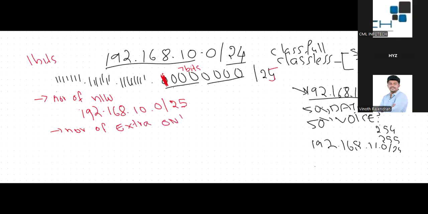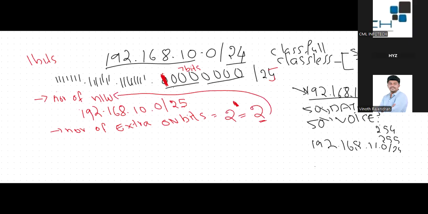Any idea how many bits we turned on extra? 1, just the 1, which means 2 raised to 1, so 2 raised to 1 equals 2. So the number of extra bits on is 1 bit. So we calculate with 2 raised to 1. The outcome is our number of networks.